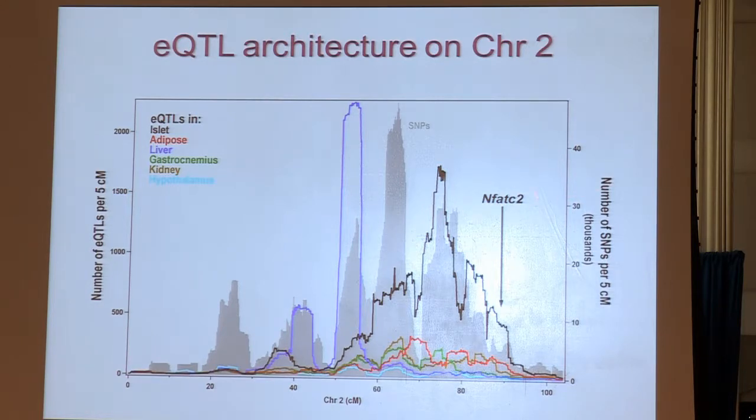And NFAT-C2, for reasons that I'm going to show you that came from the causal inference modeling that Brian and Elias did, turns out to be our top candidate that is playing a role. It's a transcription factor. It's physically located at this locus. And what we want to do is ask, well, if it's really playing a role for mediating the linkage of these traits, how can we experimentally validate that?